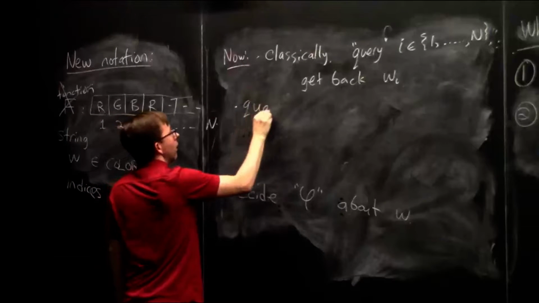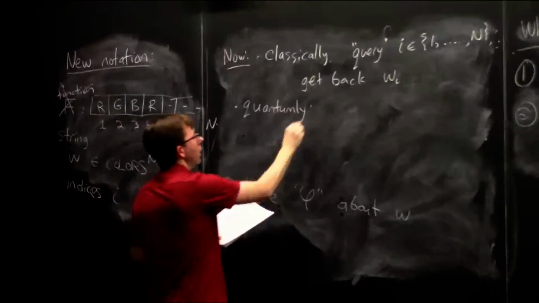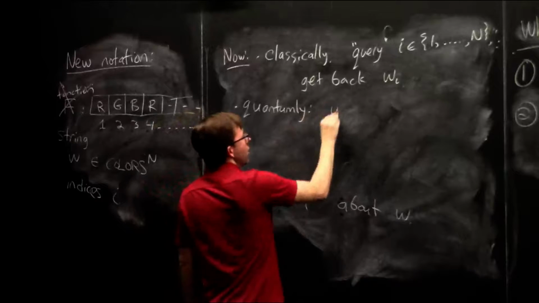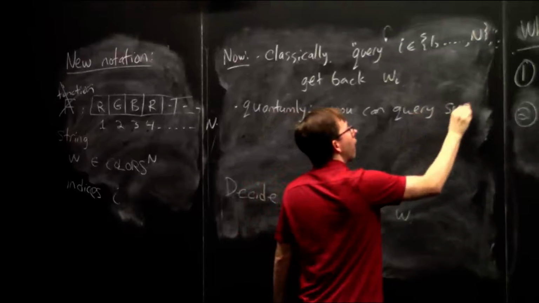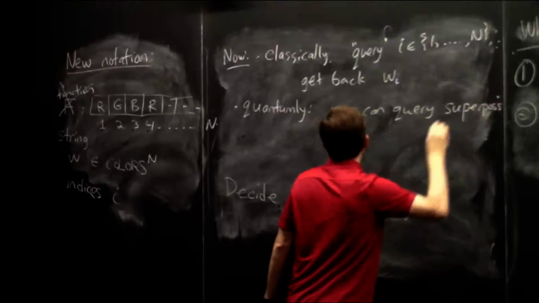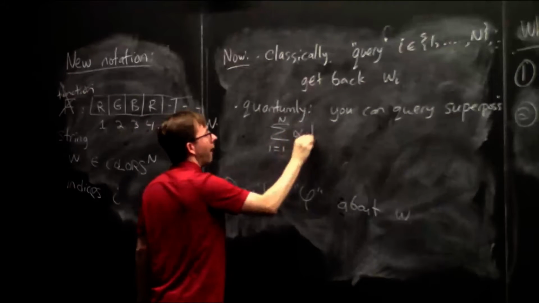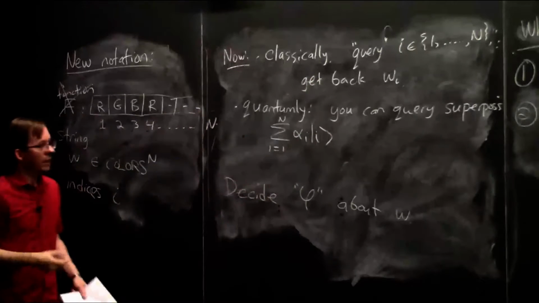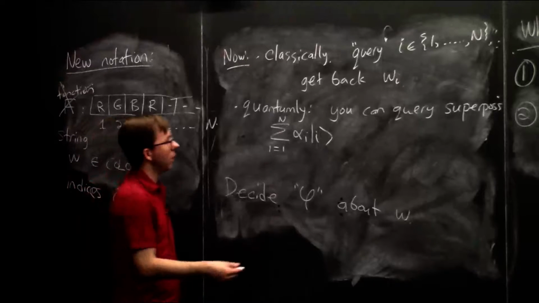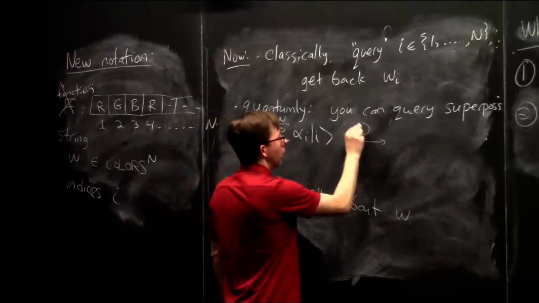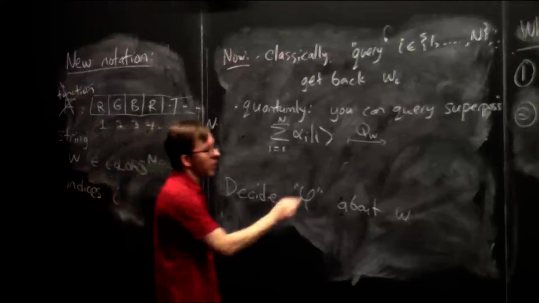Quantumly, it's what it always is, but since there's new notation, I'll remind you. Here you can query superpositions, like the sum over i from 1 to capital N of alpha i, i. And that counts as 1 query. You pass it into what might be called Q sub w now. And really, there's this whole answer register as well.